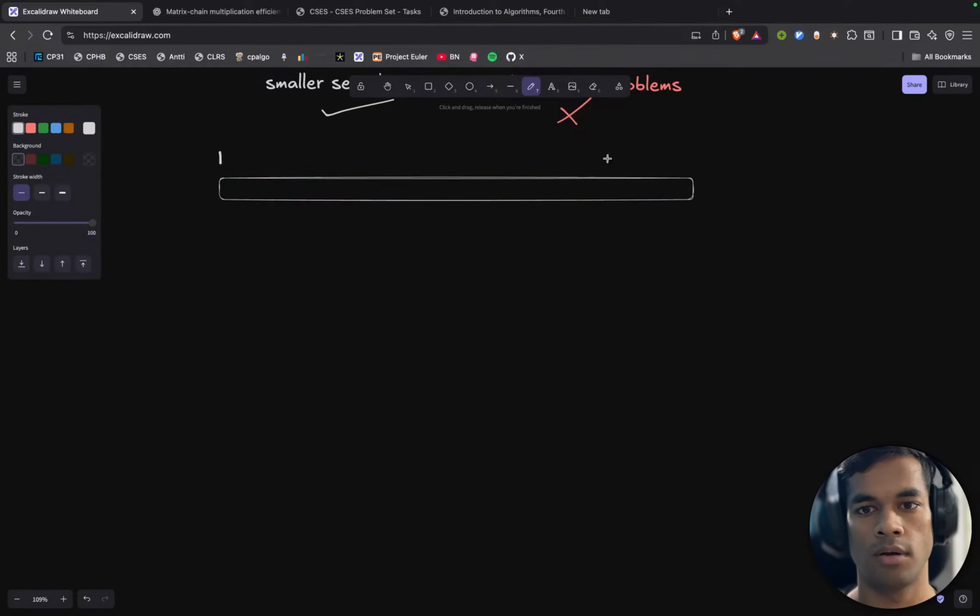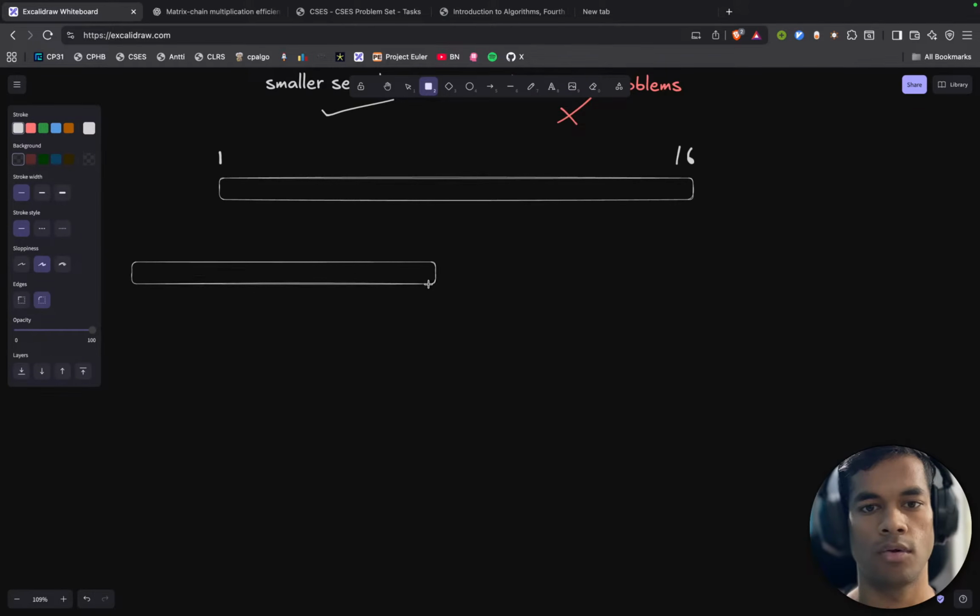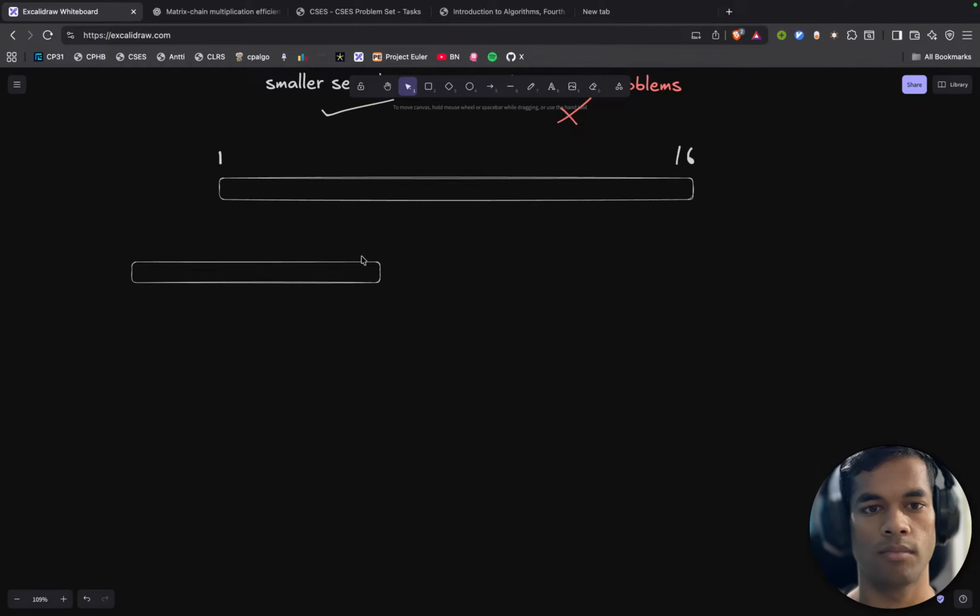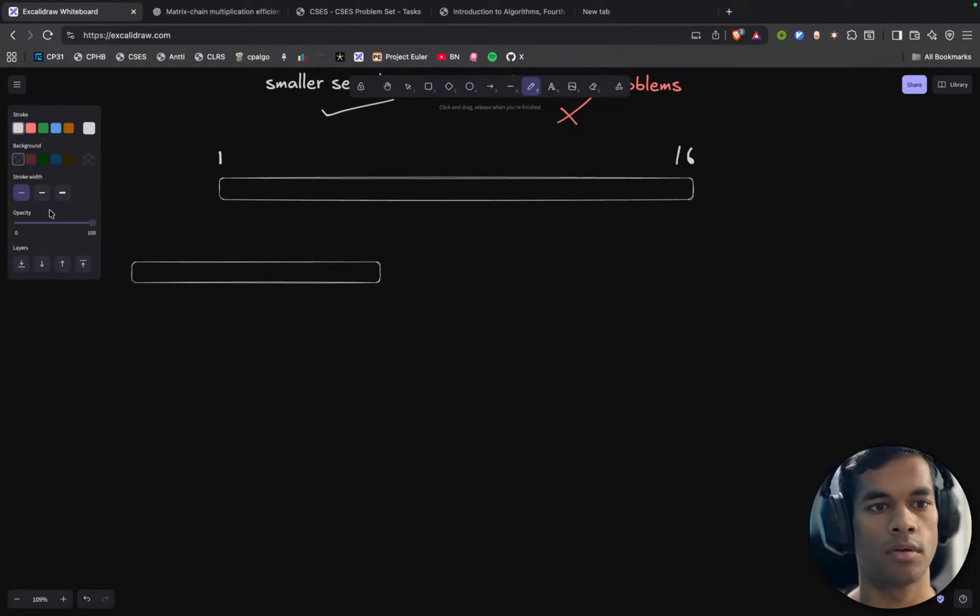From index 1 till index 16, and then we divide this and we get two smaller arrays of sizes 1 to 8 and 9 to 16.